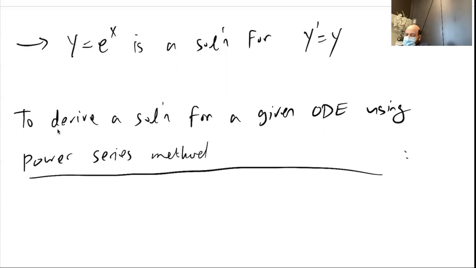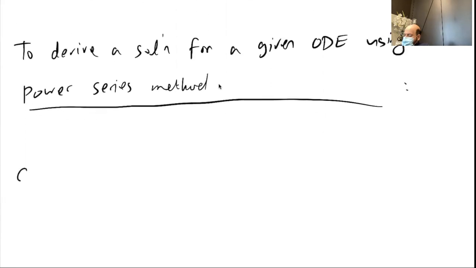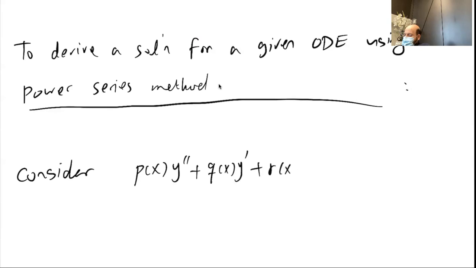first of all, the ODE that we are going to consider in this case will be an ODE of the form. So let's consider a second order ODE. Let's say P of x y double prime plus Q of x y prime plus R of x y equals 0. So let's assume we have an ODE of this form.